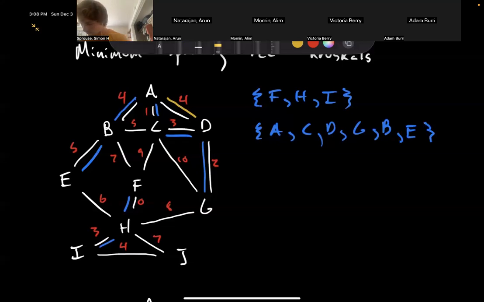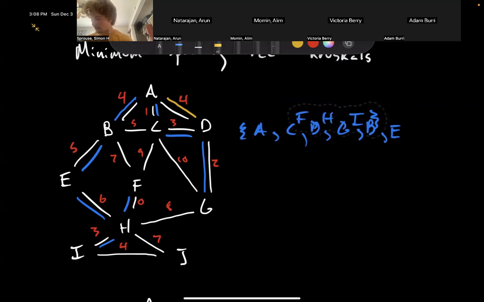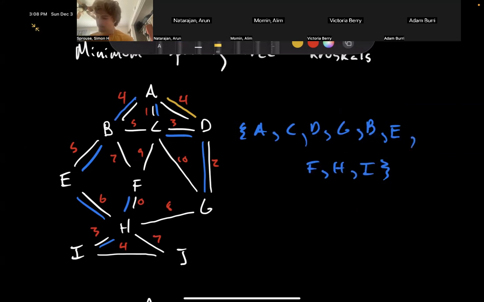And then there seems to be an edge from E to H. And as you can see, E is in this set and H is in this set. So to combine the two sets, we need to actually union the two of them, like we did before. And I don't think I could fit this on one line. Just gonna call it like that.